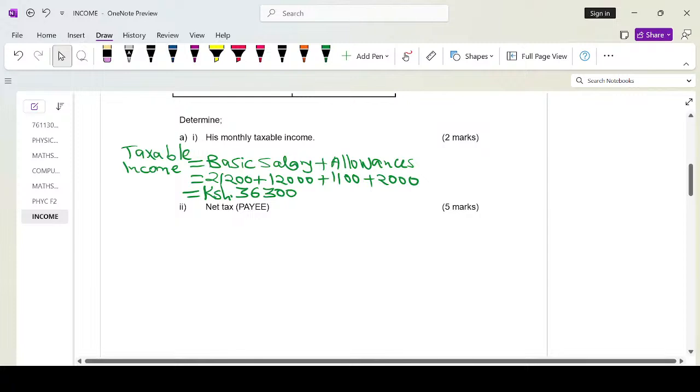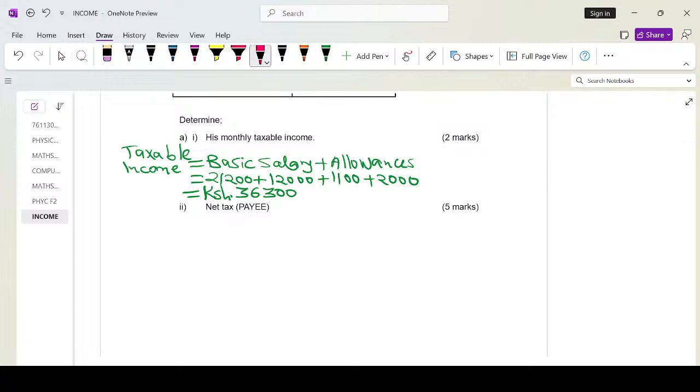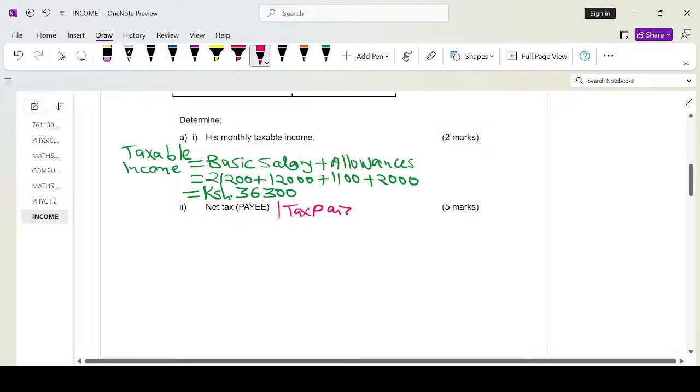Roman 2, the net tax. This net tax, in brackets, we've been told what? The PAYE. Another term for this, learners, if you don't get this, sometimes they are talking about the tax paid. So if you get a question saying calculate the tax paid, that is still the net tax.